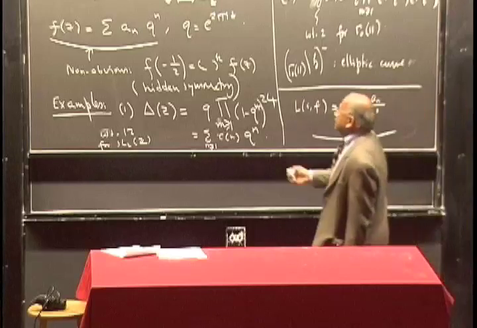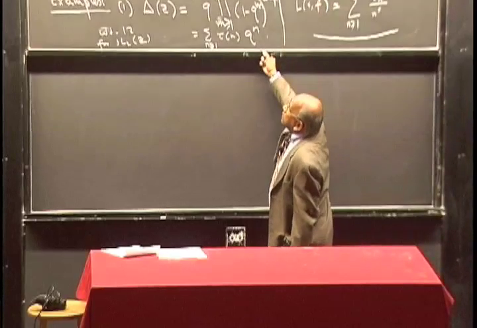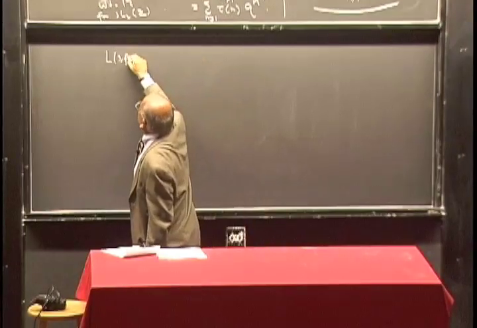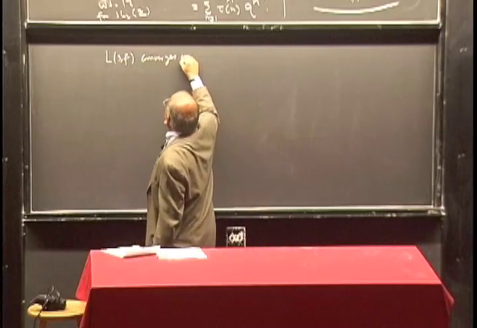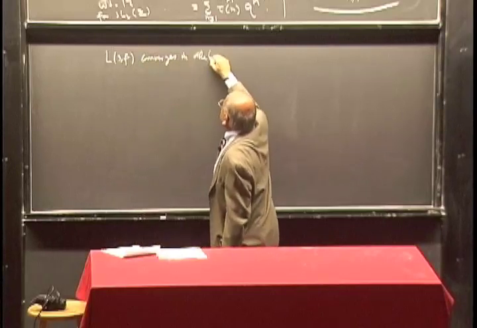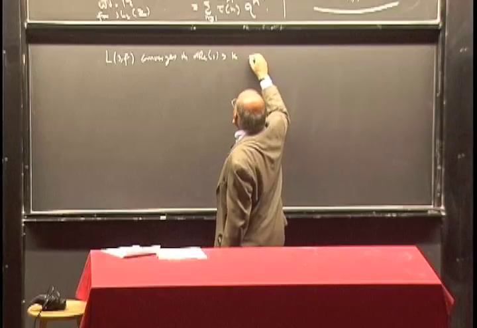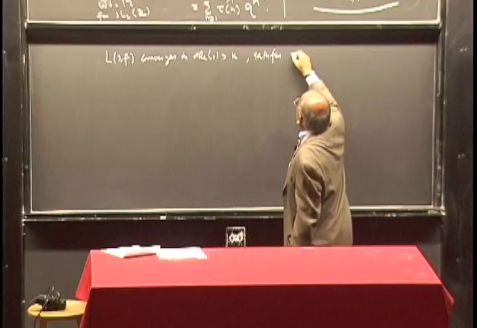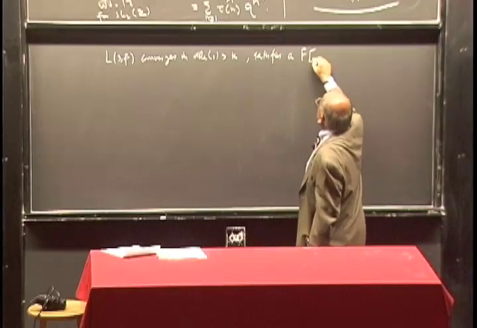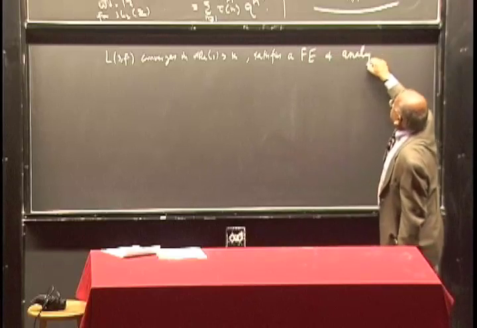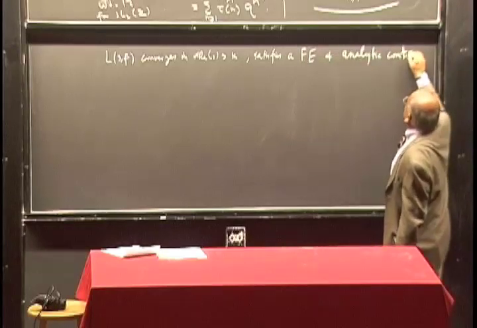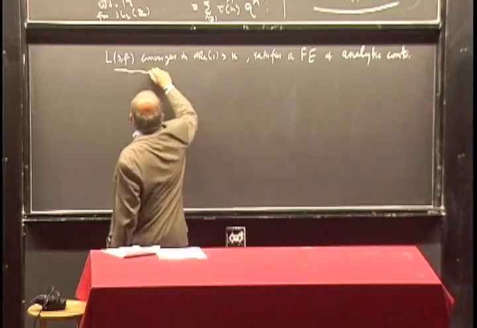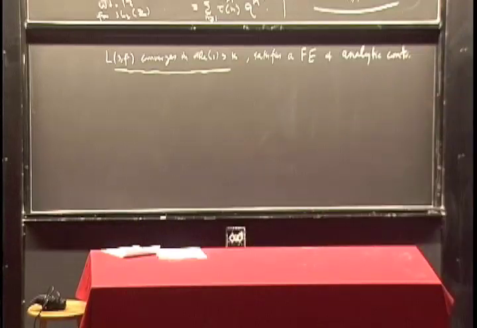And what happens is that this L series, just like the Riemann zeta function, converges in a right half plane, in fact for the real part of s large, and satisfies a functional equation and analytic continuation to the whole plane. Which is not obvious, but if you can prove such a thing, this in some sense encodes the modularity.